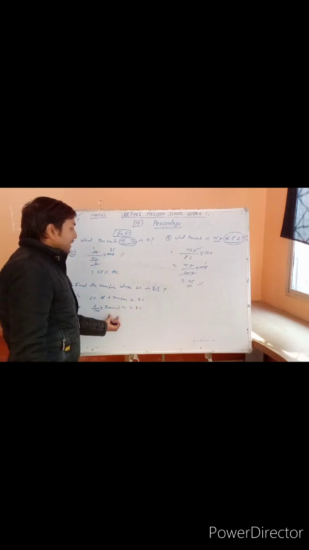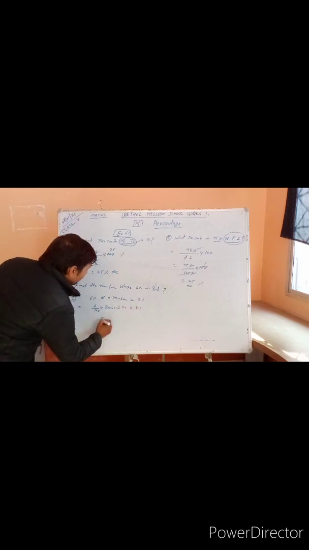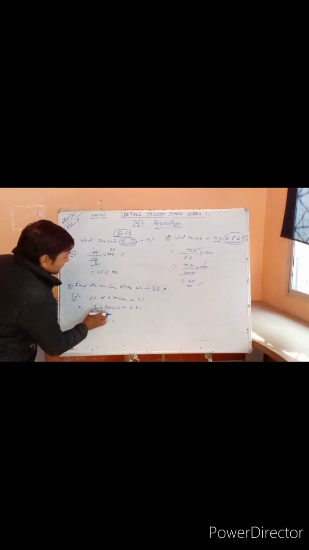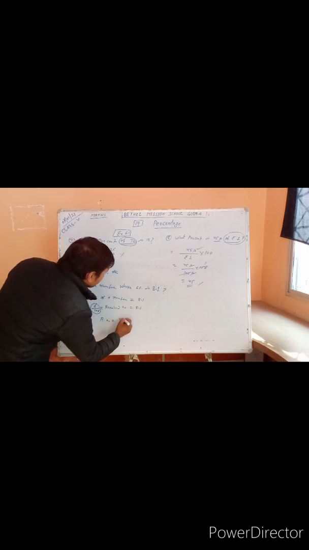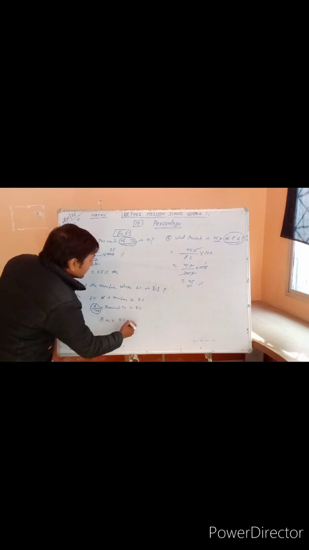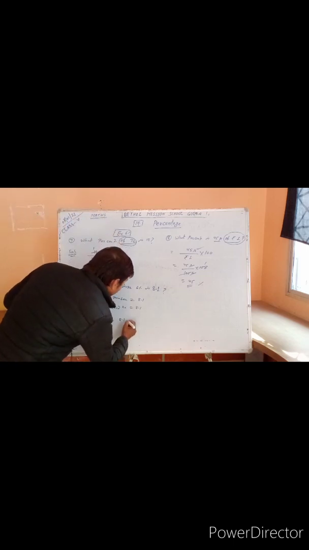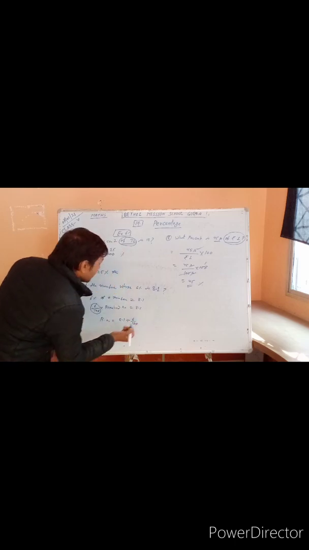So you have to find the required number. Required number equals, shift this amount to this side, 8.1, and when it is shifted, multiply becomes divide, 6 upon 100.